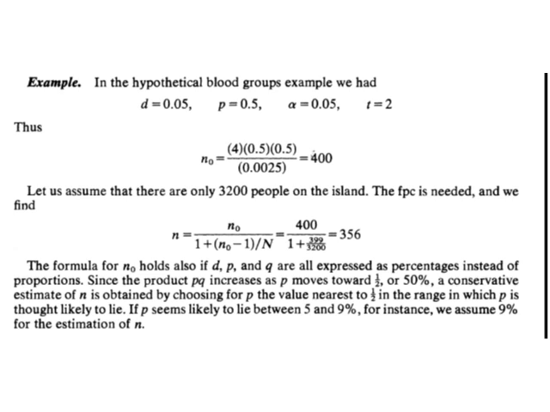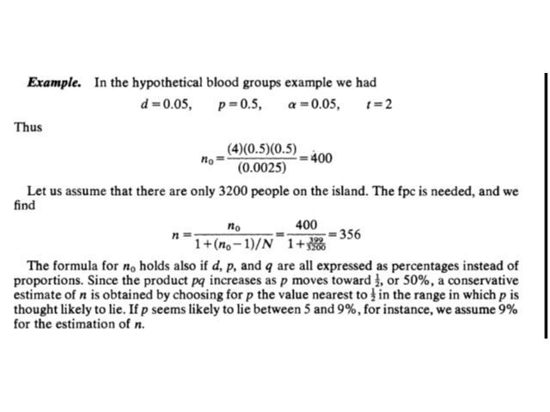In the hypothetical plot example we had d = 0.05 and p = 0.5 and alpha = 0.05, and t = 2. Then the n value will equal 4 times one half times one half over 0.0025, which is equal to 400.